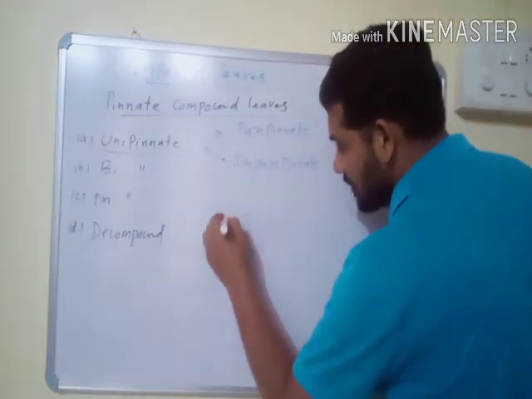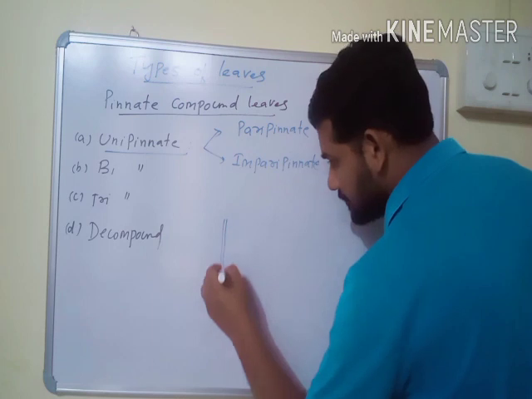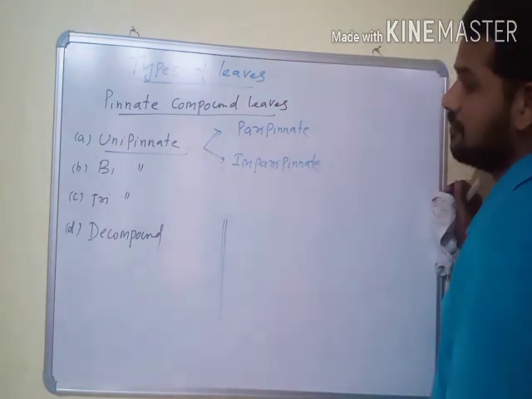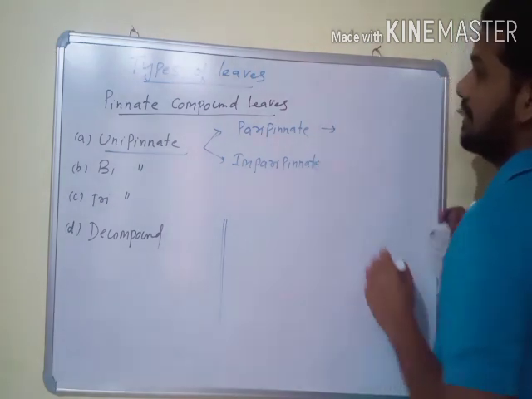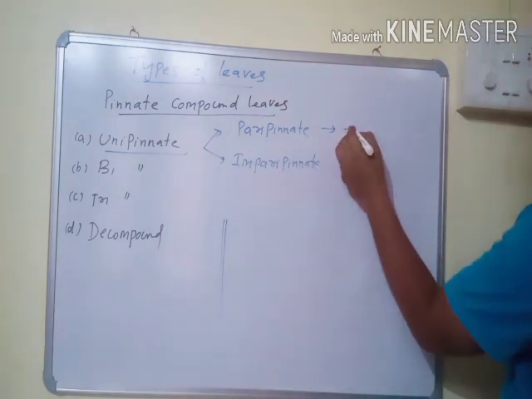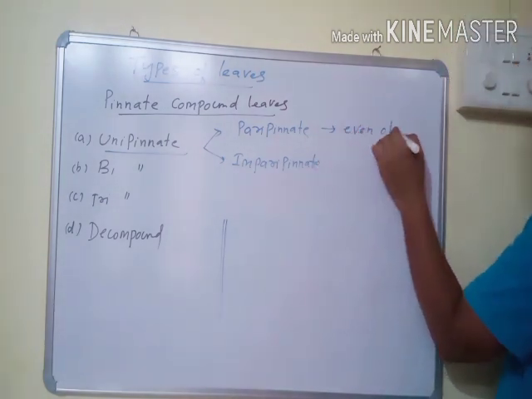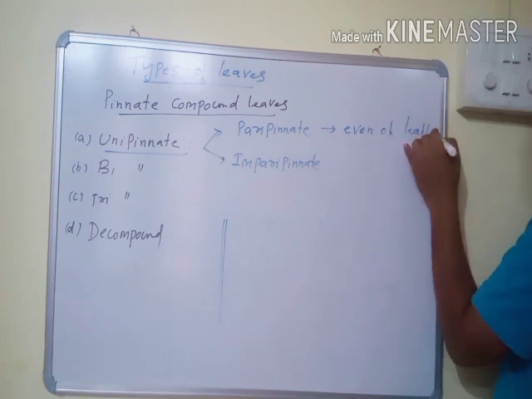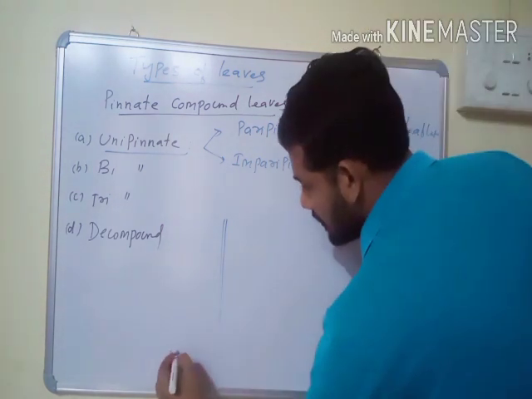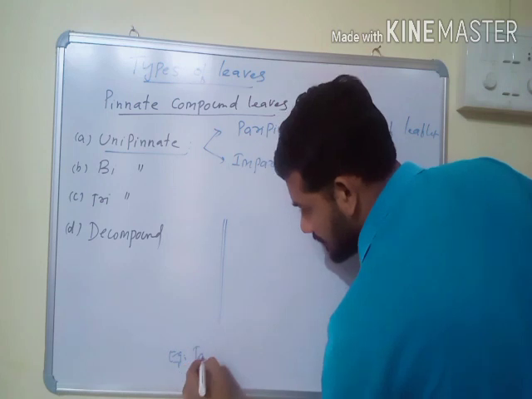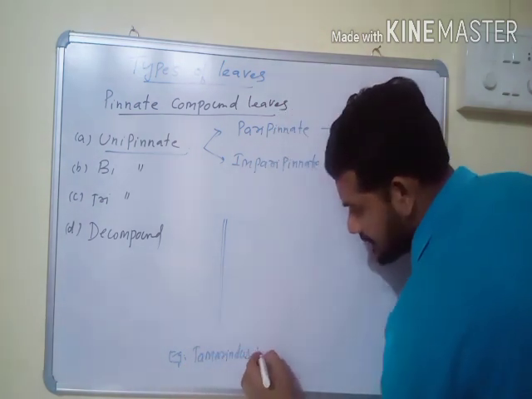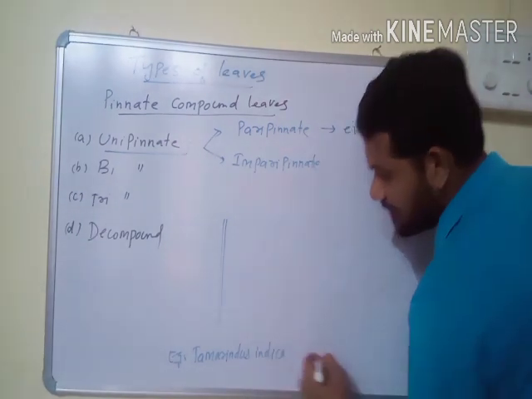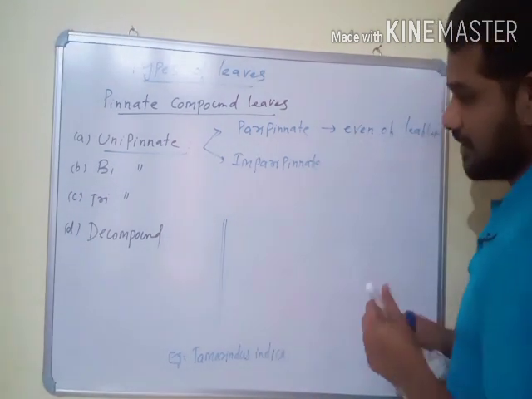In paripinnate compound leaves, for example, this is a paripinnate compound leaf. In paripinnate compound leaves, the rachis contains an even number of leaflets. For example, Tamarindus indica, which is the scientific name of tamarind or imli.